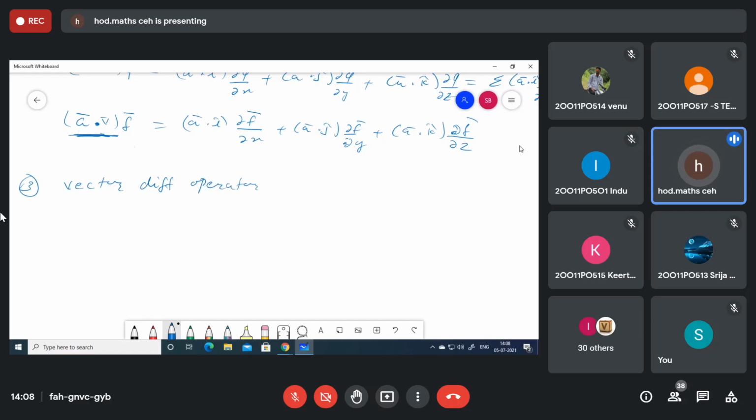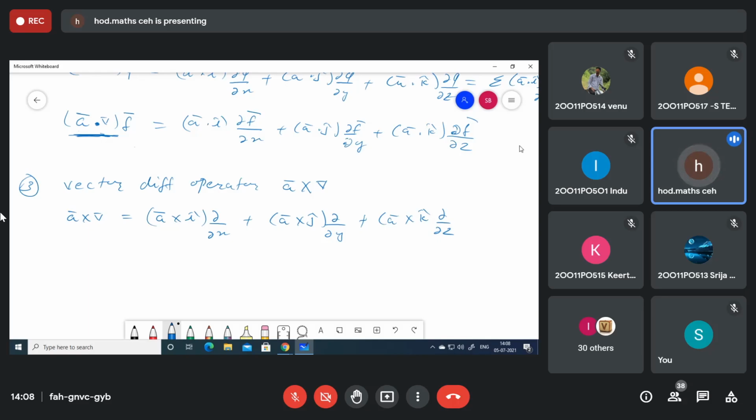And that I will define as a bar cross del. This is also possible, no? So a bar cross del means a bar cross i dou by dou x plus a bar cross j dou by dou y plus a bar cross k dou by dou z.